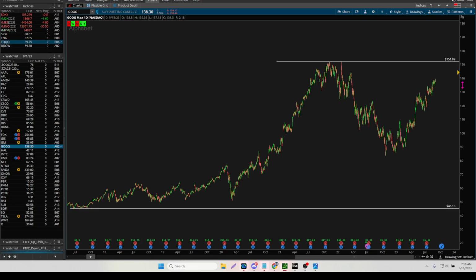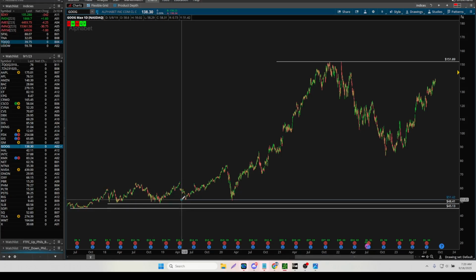And so if we start to drill down into this, we can see that all the way back here, Google was at an all-time low and we moved up. And as we moved up, we started to retest these previous lows, and then we bounced off the bottom.